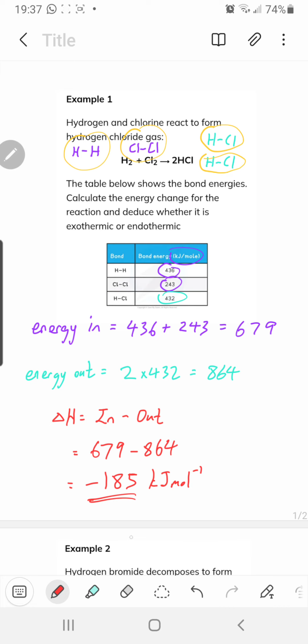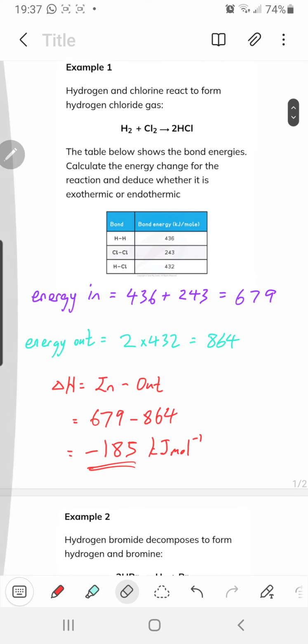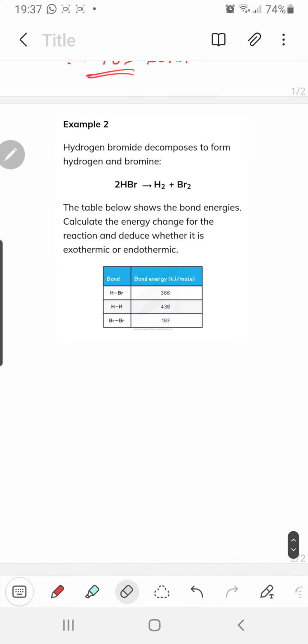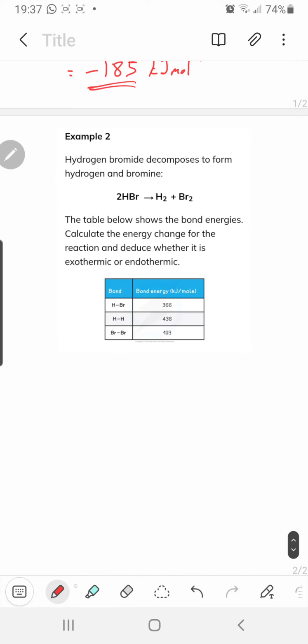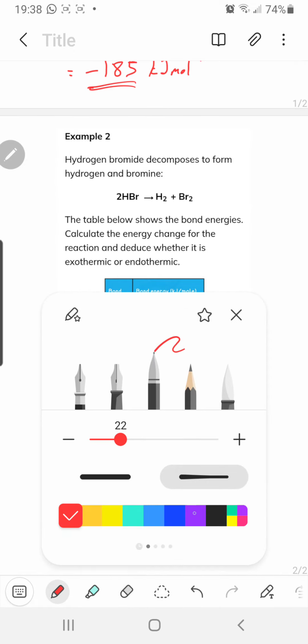So yeah, negative 185 kilojoules per mole, and that's how you can deduce that it's exothermic, because exothermic reactions have a negative overall energy. Okay, I hope that all was okay, and I'll go through another example, it will be a good recap. Okay, I might do this one a bit more quickly maybe.